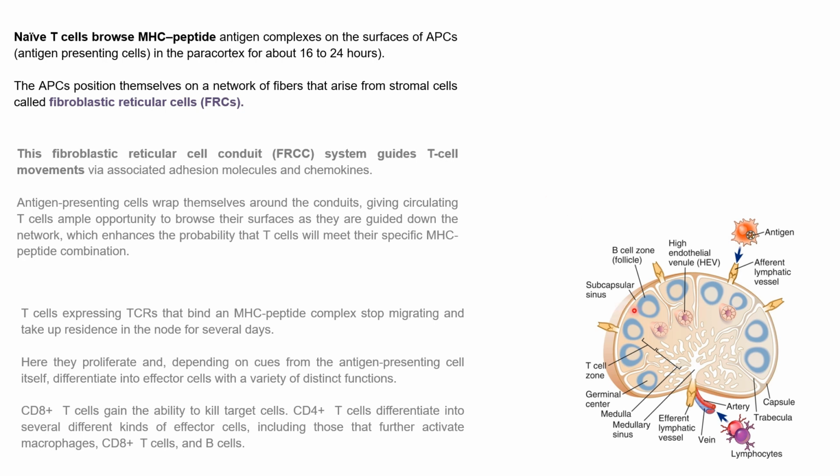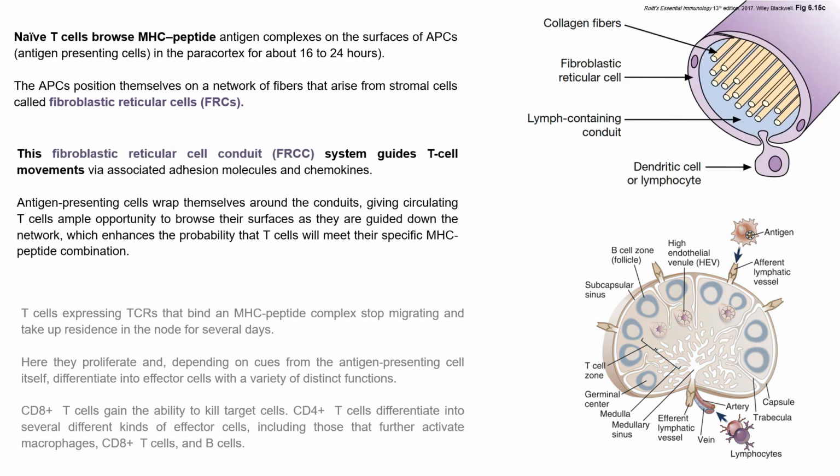There's a structure which isn't visible on this diagram, but it's very important for the movement of cells within the lymph node, and this is called the fibroblastic reticular cell conduit, and that's shown up here.